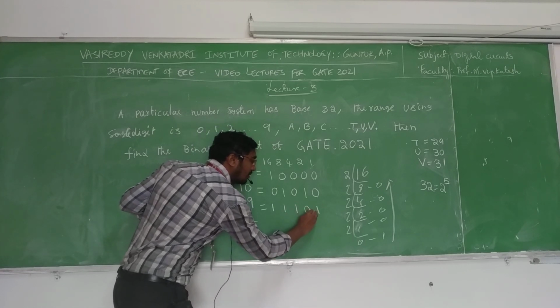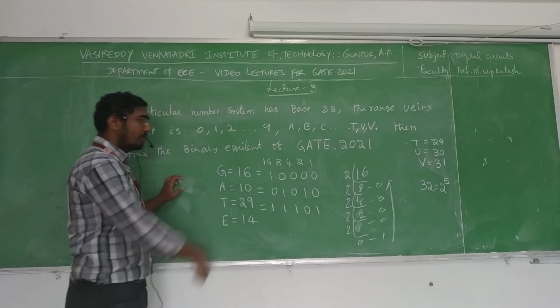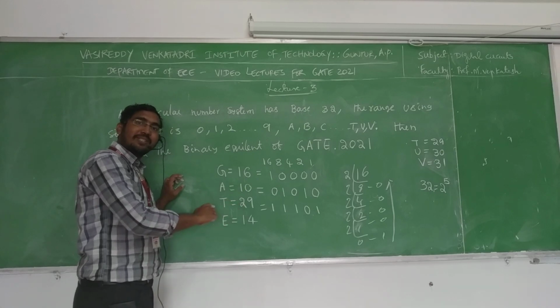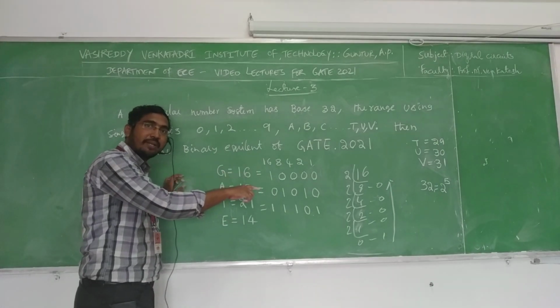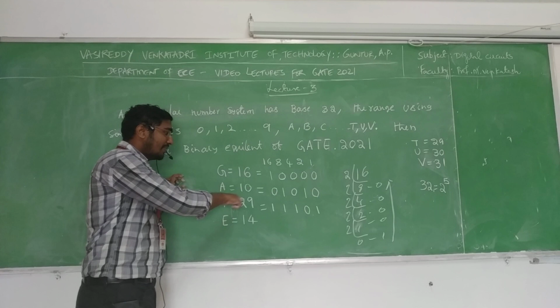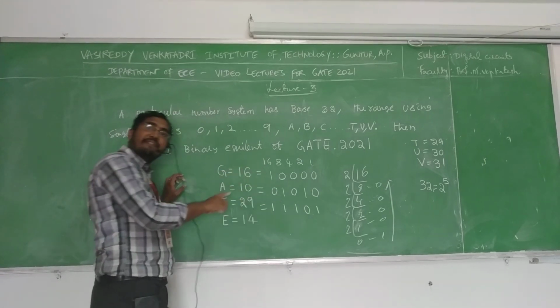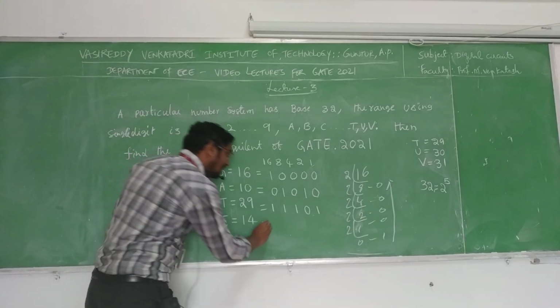Then I don't want the 2, so it makes 29. Cross check 29 with the successive division procedure and see whether it matches. Definitely it matches, don't worry.